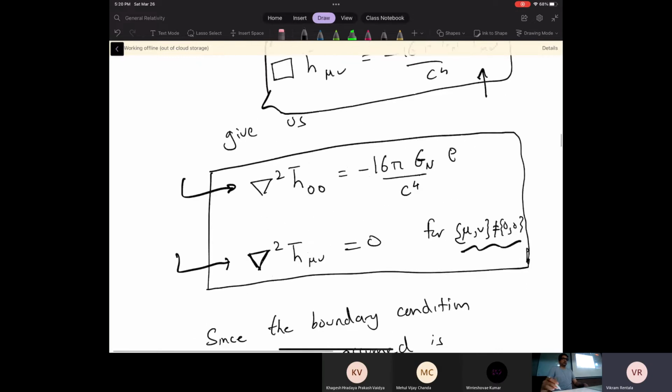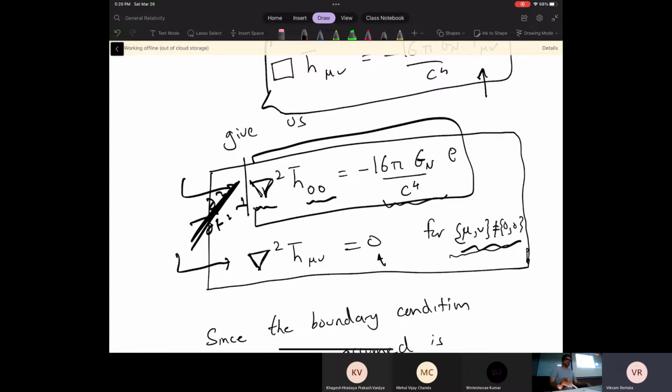So the right-hand side is 0 for all of these, and it's non-zero only for the 0,0 component. Secondly, in the wave operator, I got rid of the ∂_t², because I assume there's no time dependence. So it's just a Laplacian, the regular three-dimensional Laplacian, acting on h̄_00 is −16πGρ/c⁴. So you see the equations are much simpler now.